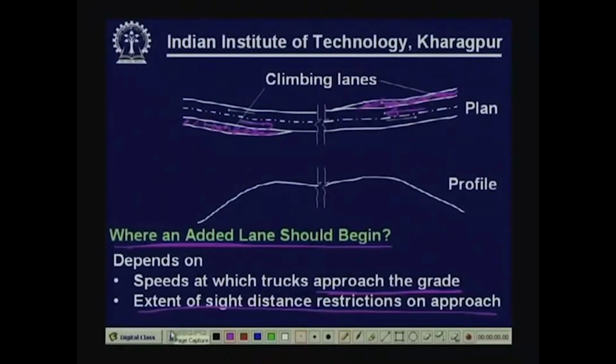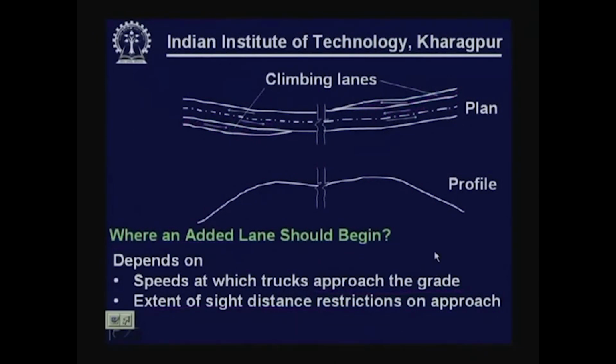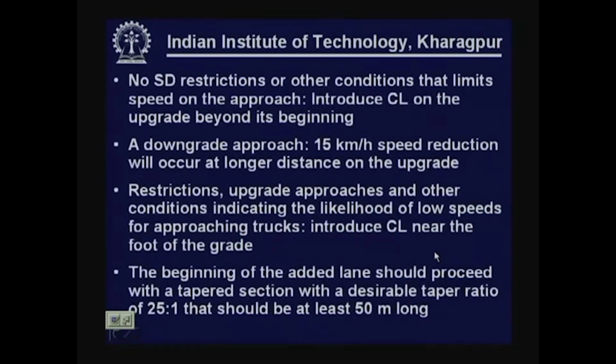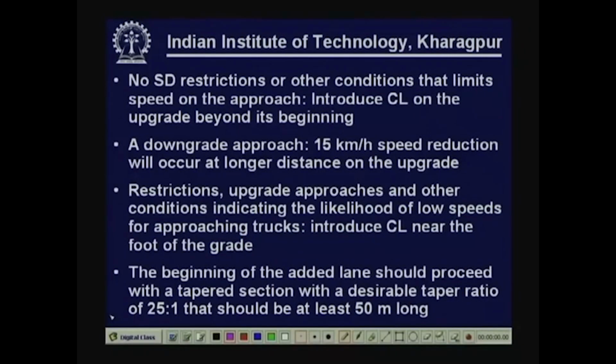Some of the other points: where there are no sight distance restrictions or other conditions that limit the speed of the approach, one can introduce the climbing lane on the upgrade beyond its beginning.